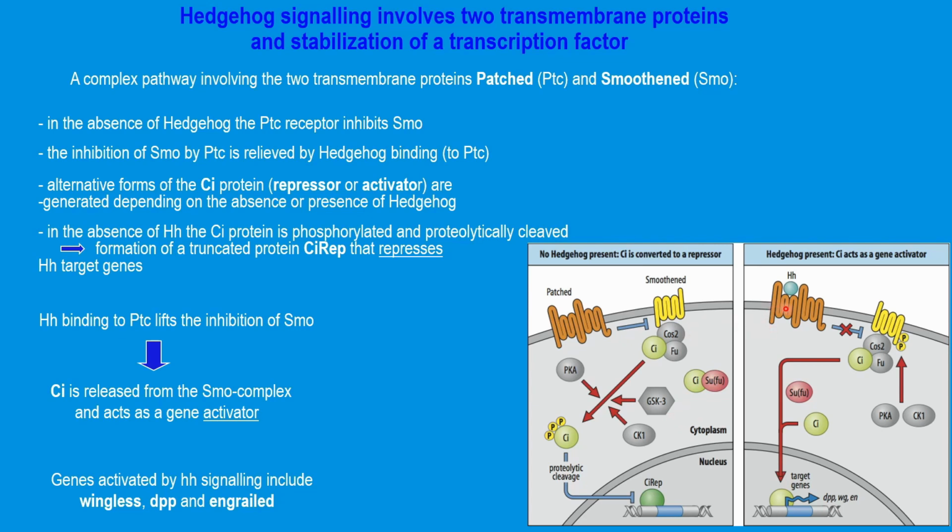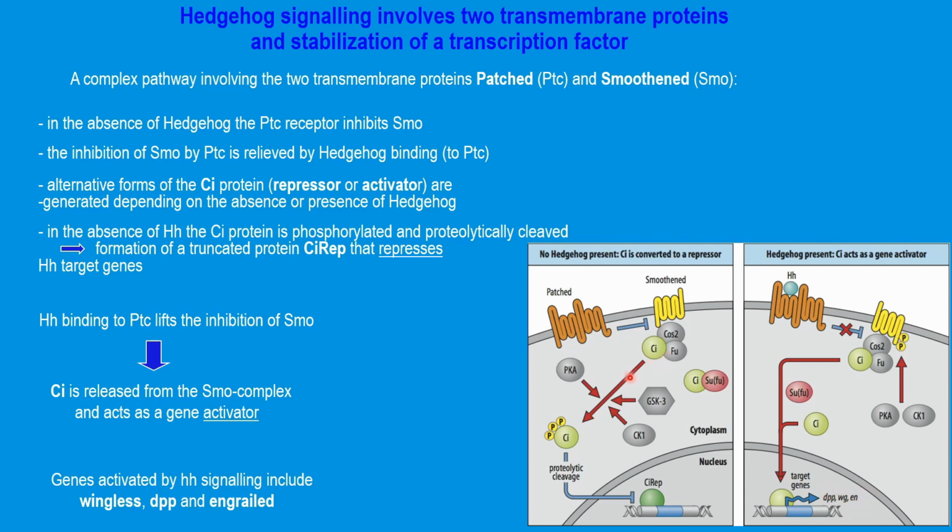And when we have hedgehog bound to patched, the inhibition of the smoothened receptor is blocked. We get phosphorylation of the smoothened receptor, and this will release cubitus interruptus from the inhibitory complex, where it can then bind with suppressor of fused, translocate into the nucleus, and elicit transcription of the target genes, for example TPP, but interesting for us in this case with segmentation is wingless and engrailed.